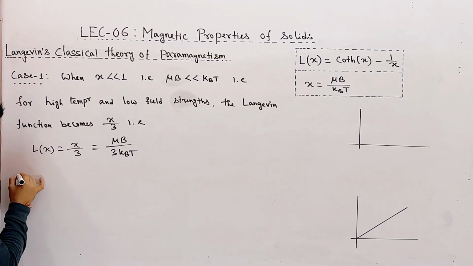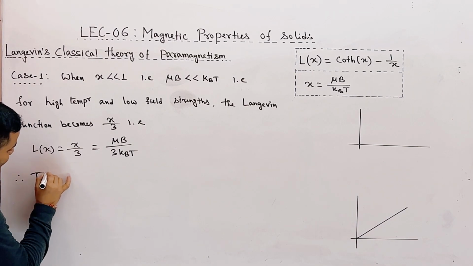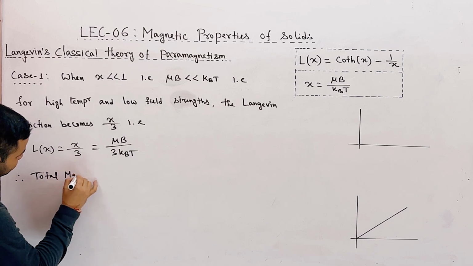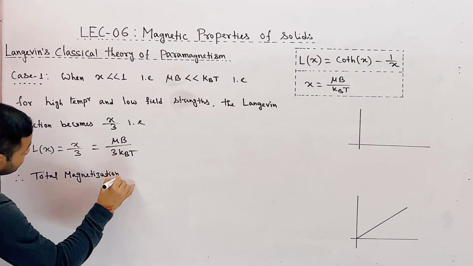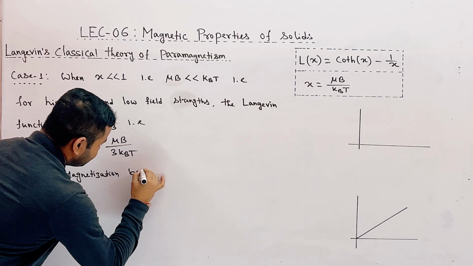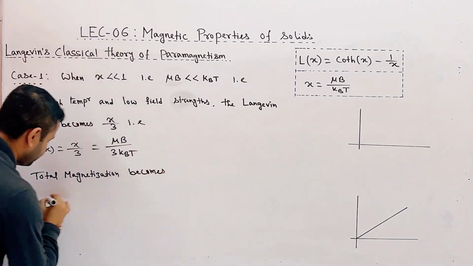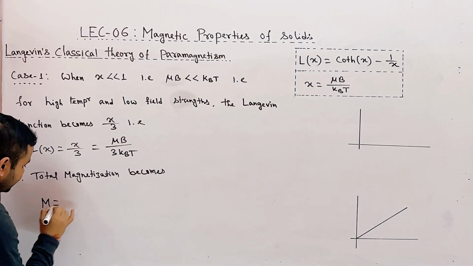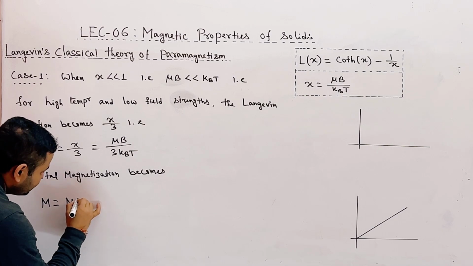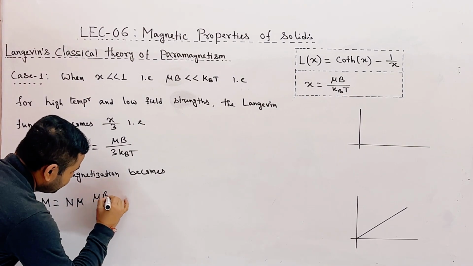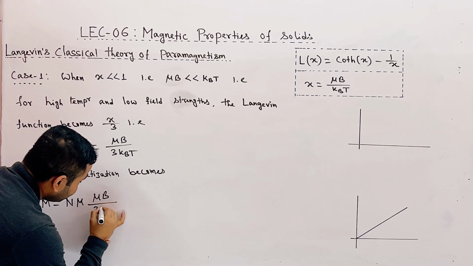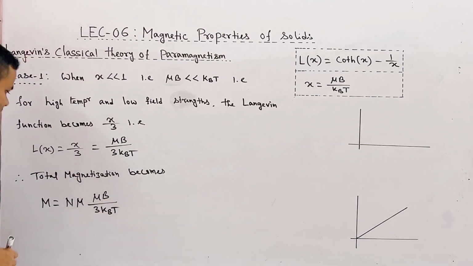So therefore total magnetization becomes M equal to n mu into L(x), whose value is mu B divided by 3 kBT.